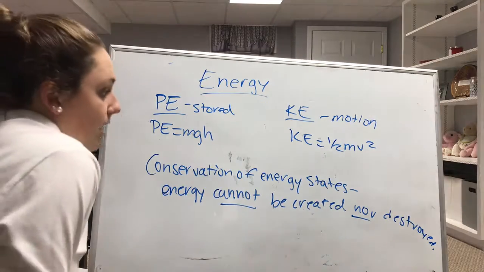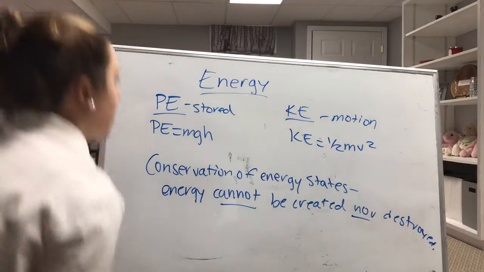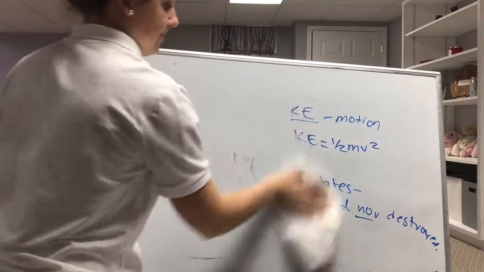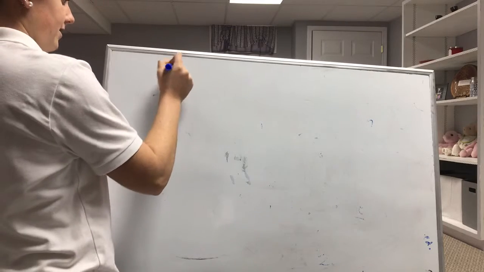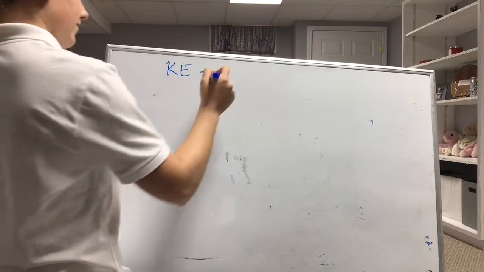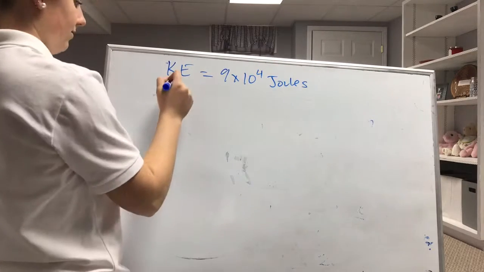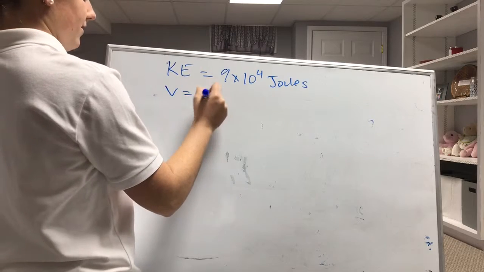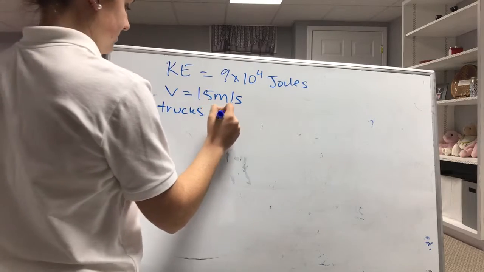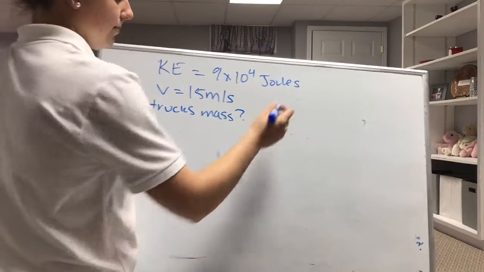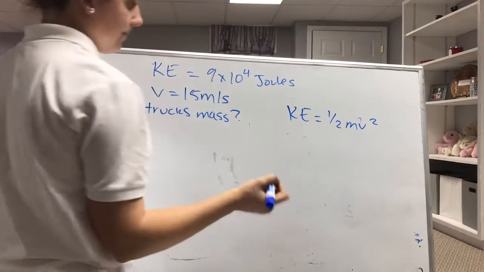So let's do a practice problem to figure out how we would solve for potential energy or kinetic energy. Say we have a truck that has a kinetic energy, it's given, of 9 times 10 to the 4th joules. When traveling, the velocity is given as 15 meters per second. We want to know what is the truck's mass. Well, we can recall that kinetic energy is equal to 1/2 mass times velocity squared.